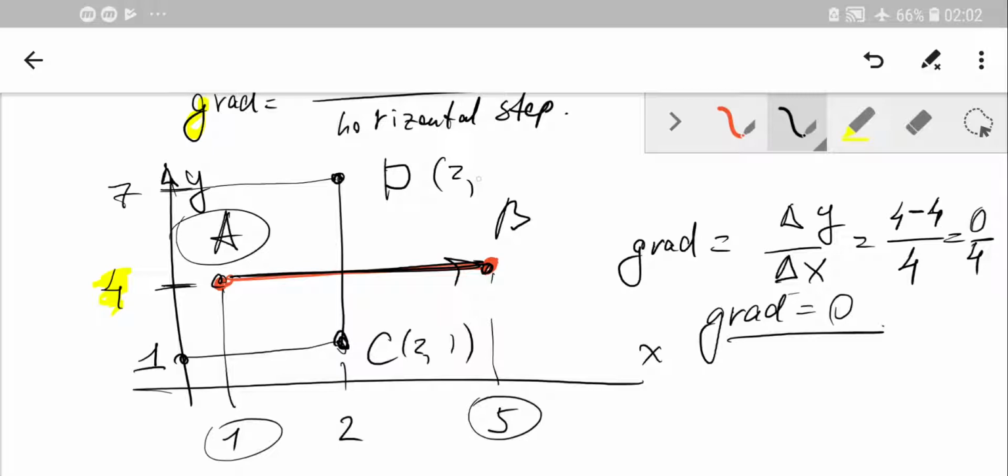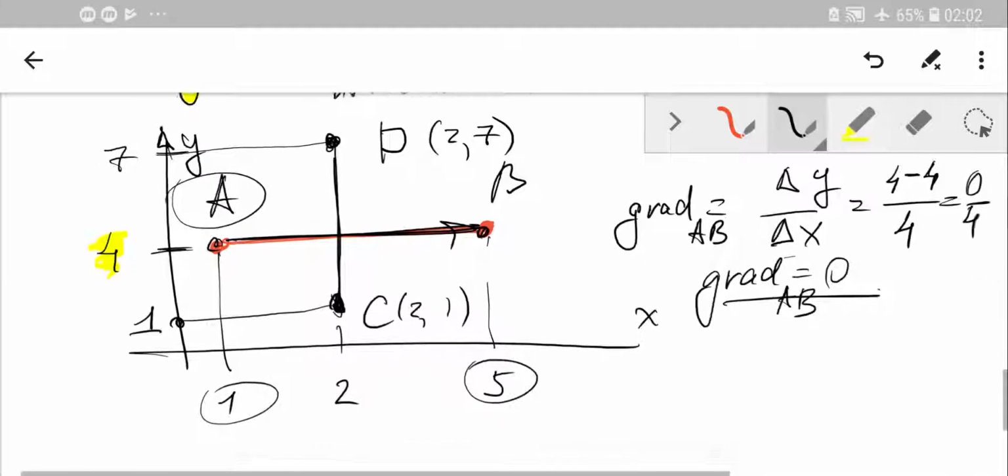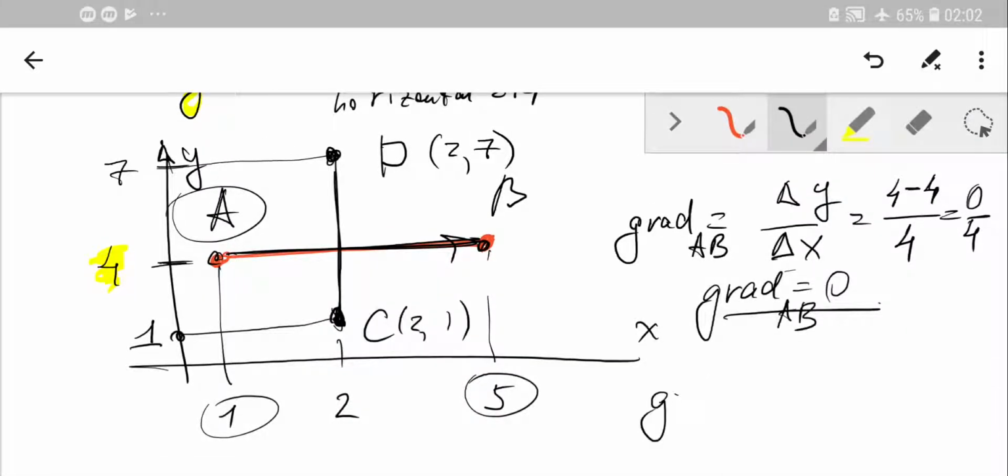So 2 for x and 7 for y. So in this case, it's an absolutely vertical segment. Let's calculate the gradient. That was the gradient for AB. And now let's calculate the gradient for CD.